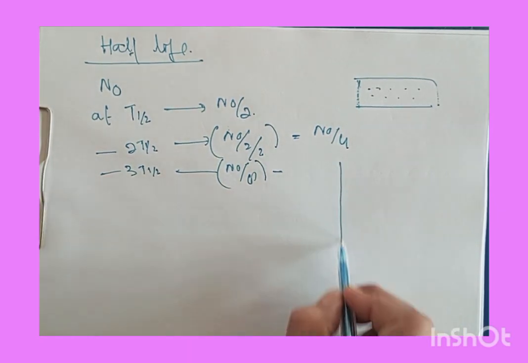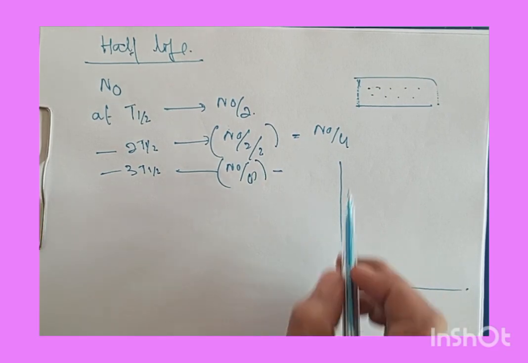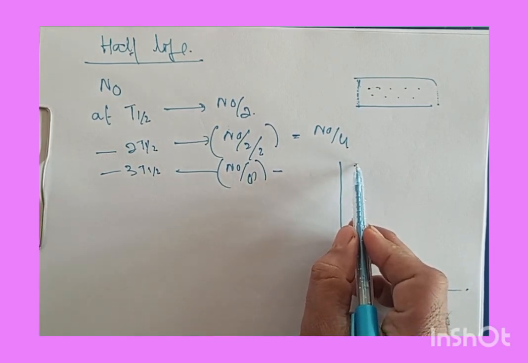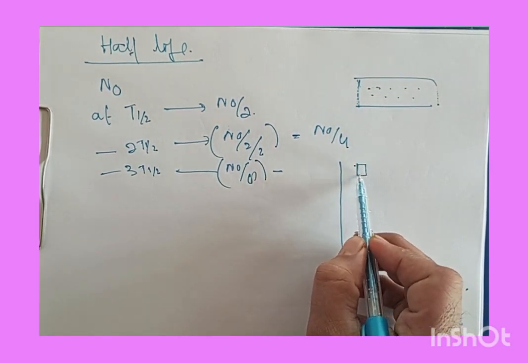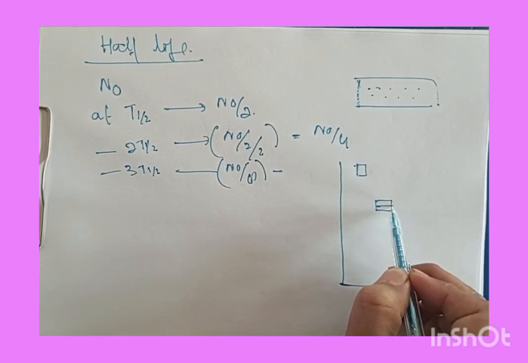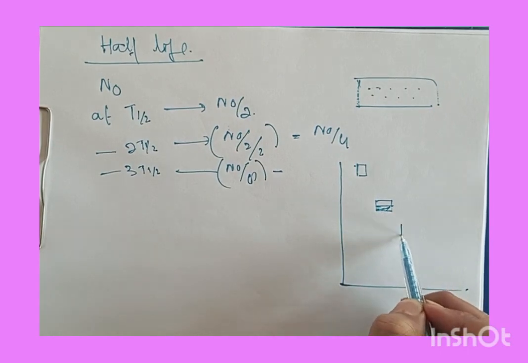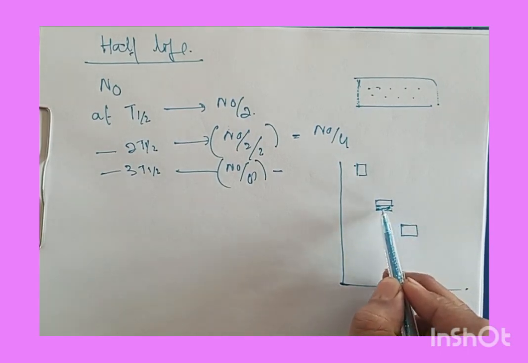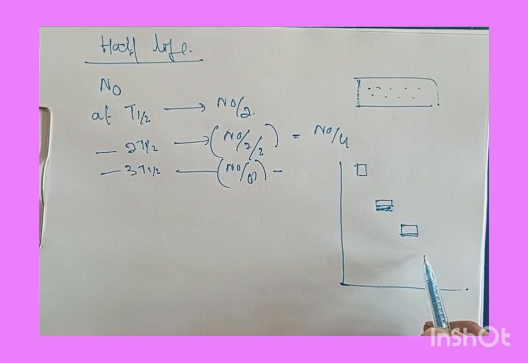We can illustrate this in terms of boxes. We have the full sample, then half of it is filled, then half of this portion, and this will go on decreasing.